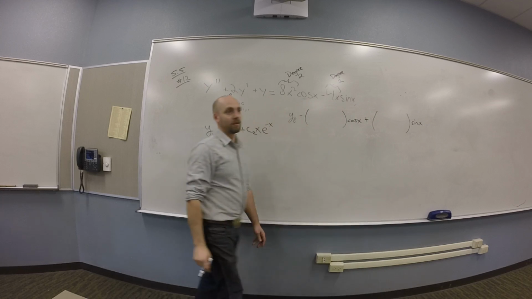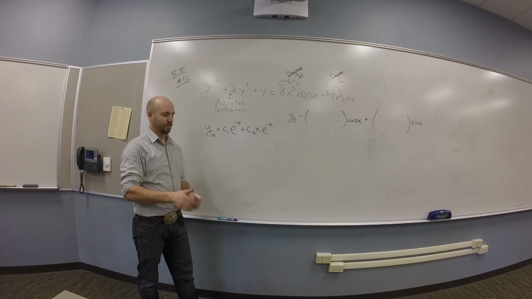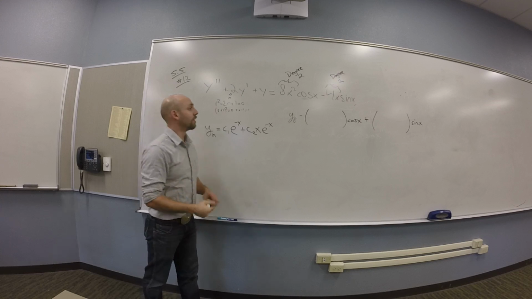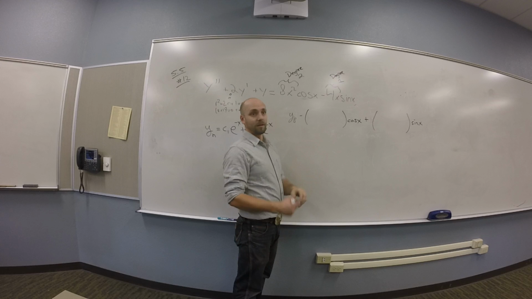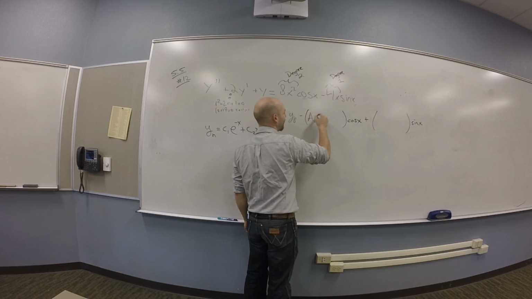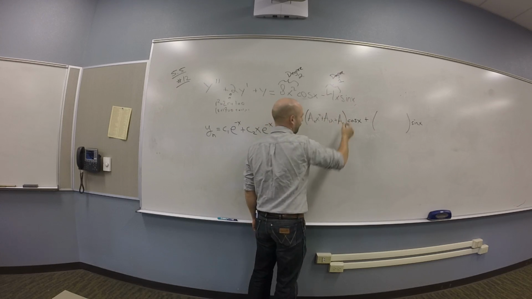Right? And now this is the point at which you get it together. You got to be on point for this, right? So in here, I need a2x squared plus a1x plus a0.